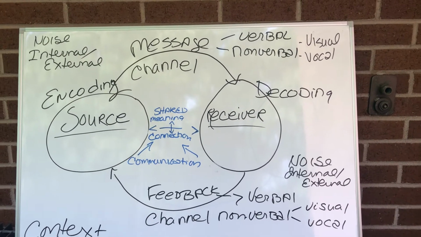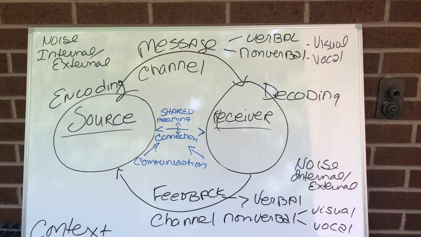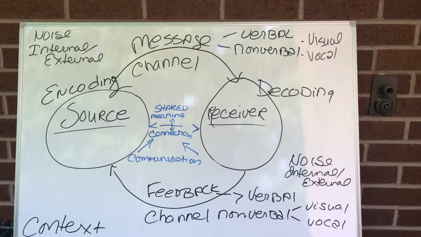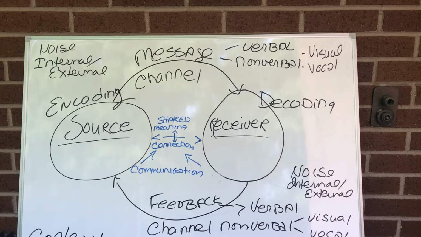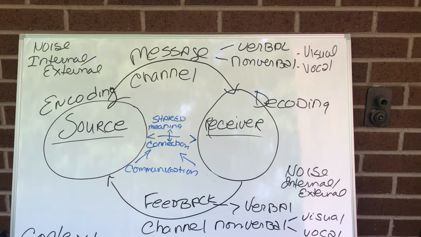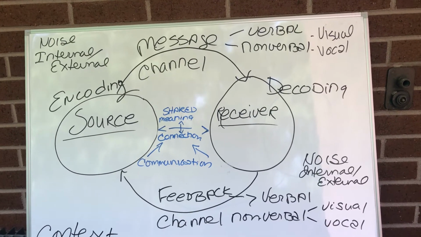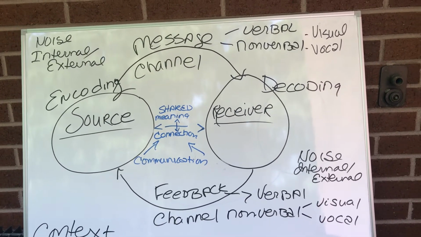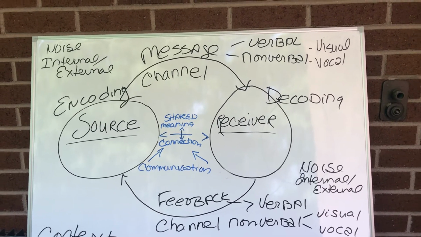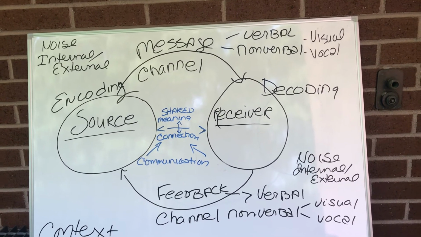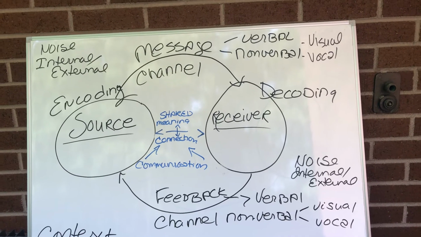Internal noise could be your attitude, intrapersonal conversations, losing your train of thought. External noise could be literally like sound that you cannot hear the message being sent, or you can't receive it, or visual, like you get distracted for a second. So all these variables go into the communication process.